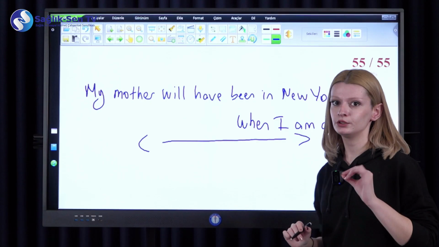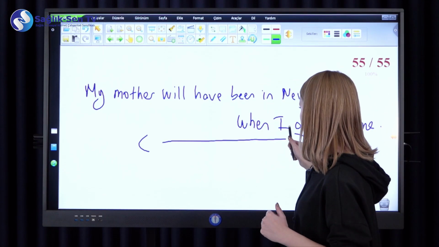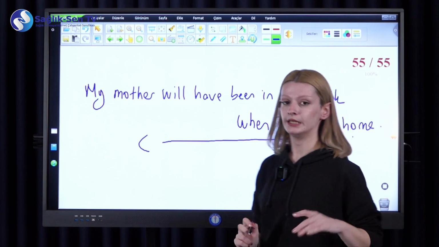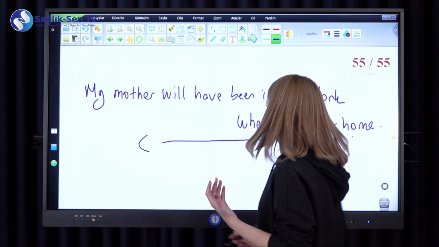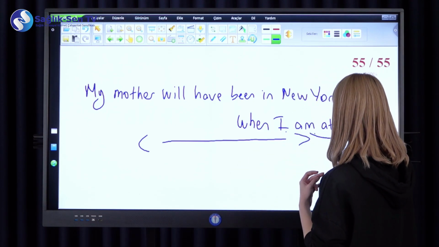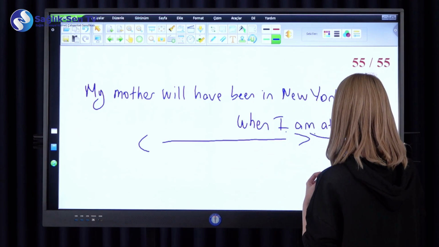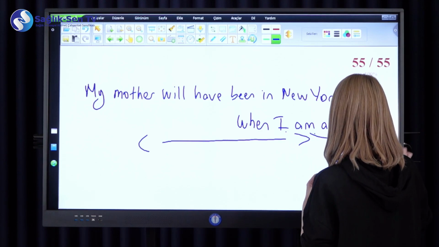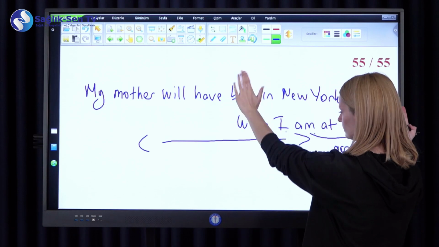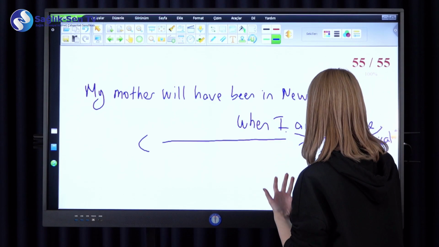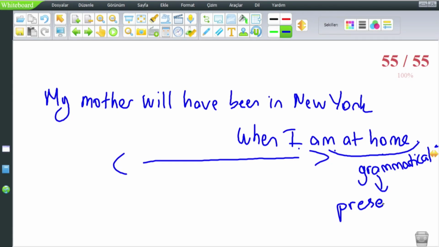Now in this one, you may say this is a long action, me being at home. It's not actually a short action. But as a grammatical structure, this sentence on its own, if we don't see the rest, is actually present simple.